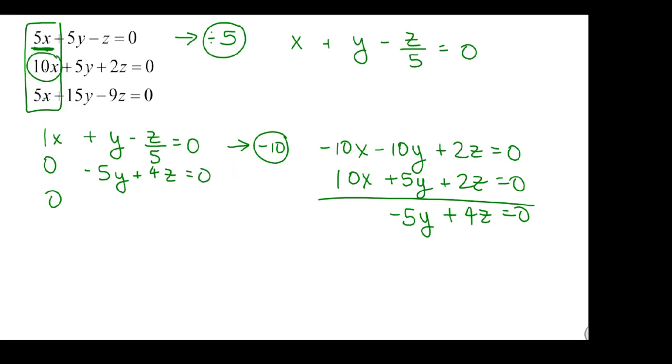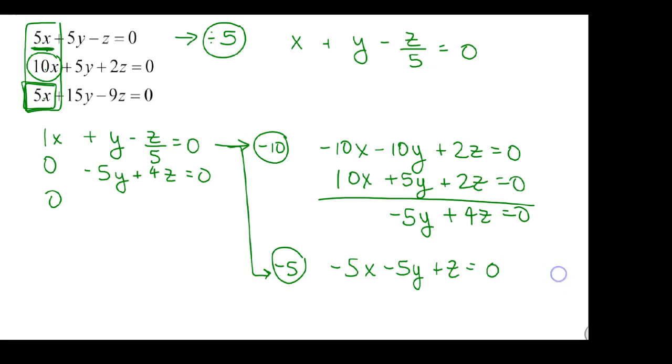Then, to complete my first iteration, I need to change the bottom row, 5x, to a 0x. I go back to my row 1, this time multiplying it by negative 5. Copy over row 3 under it.